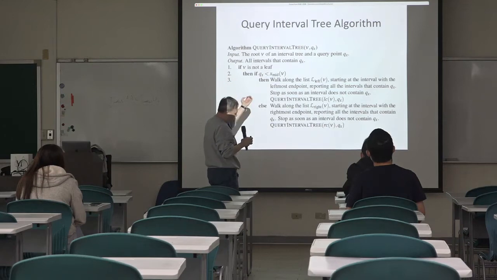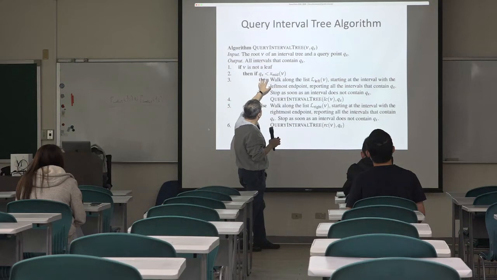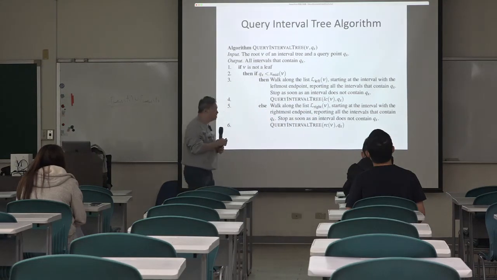If we hit an interval that is greater than qx, then we just stop. We don't need to deal with the rest of them. So this is for L left. If qx is greater than x mid, we do the other case, and we deal with L right. Basically, that's pretty much about it.